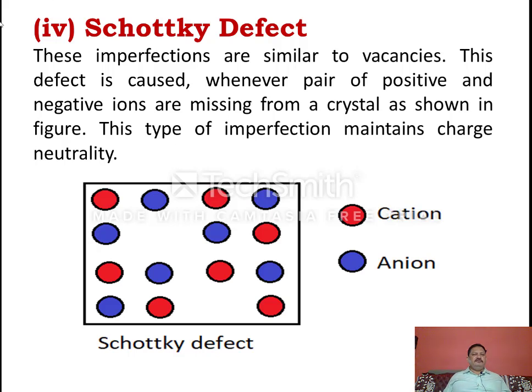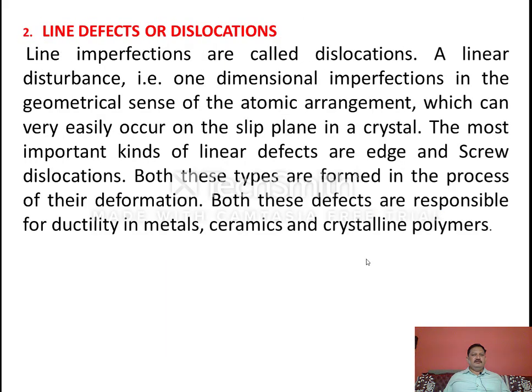So you can understand with the help of this diagram. The red color circles are the cations, and the blue color ones are the anions. So from this regular crystal lattice, this pair of atoms are missing. That's why this type of defect is what we call Schottky defect, right?